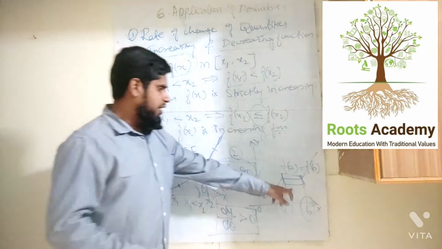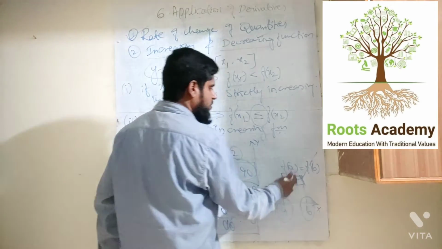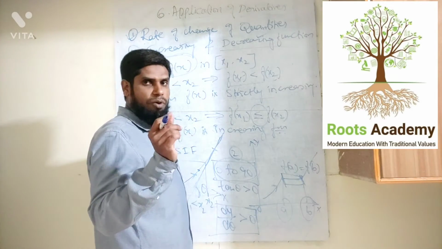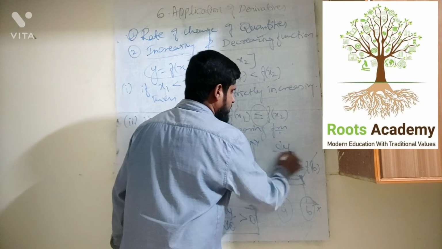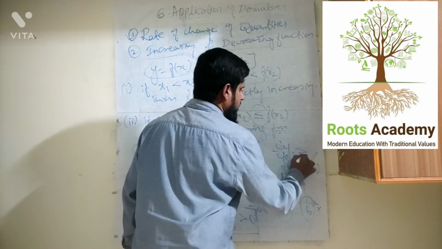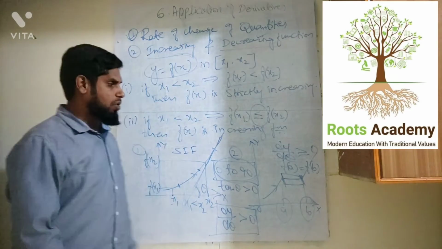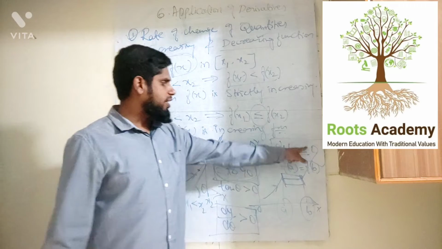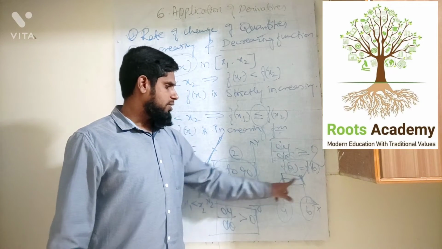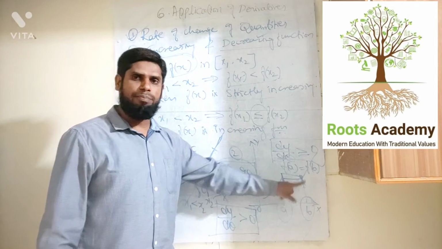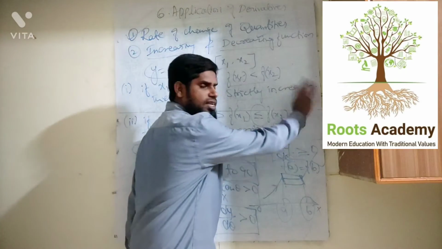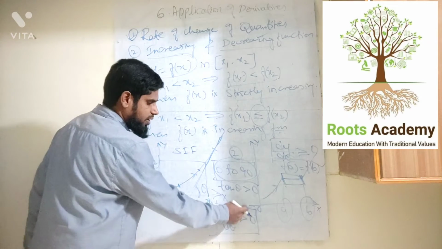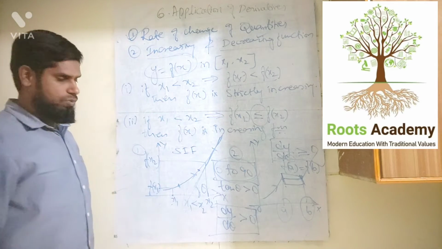So for the derivative of an increasing function, at some particular points I may get dy by dx greater than or equal to 0. Here I wrote greater than or equal to 0 because it is constant at some particular points. After that, it is greater than only. But in a strictly increasing function, it is purely greater than 0.